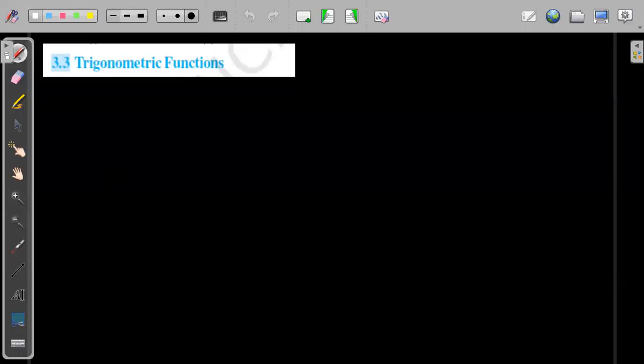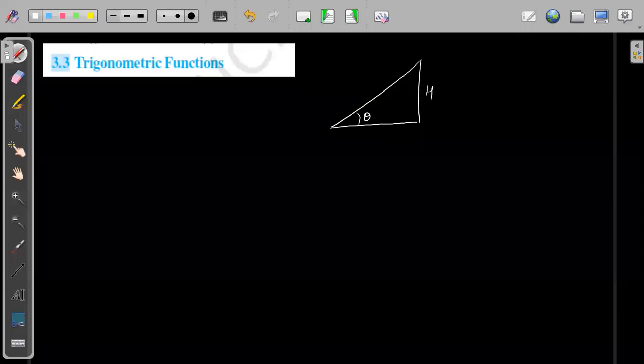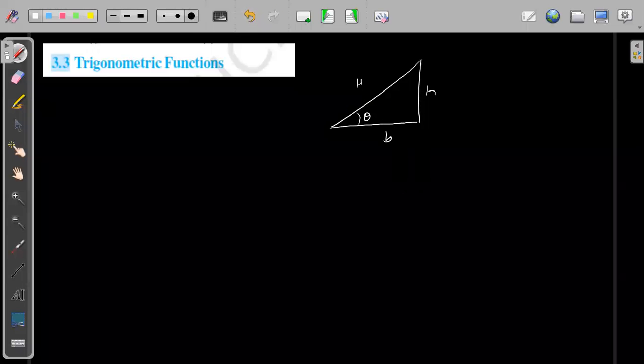We have seen there are six different trigonometric functions, different trigonometric ratios, right? Based on a triangle, suppose this is angle theta, we can have six different trigonometric ratios. Suppose this is height, this is base, and this is hypotenuse.